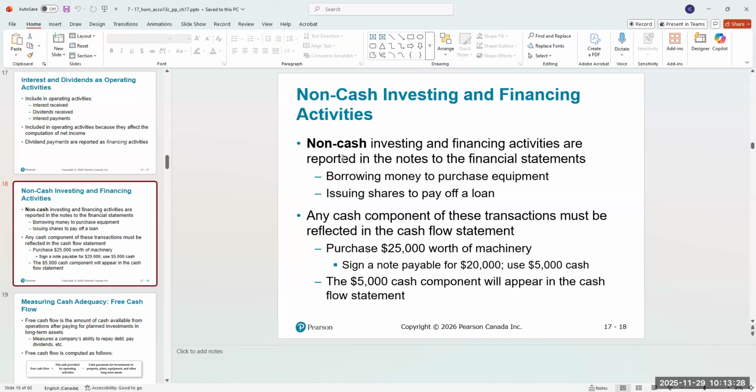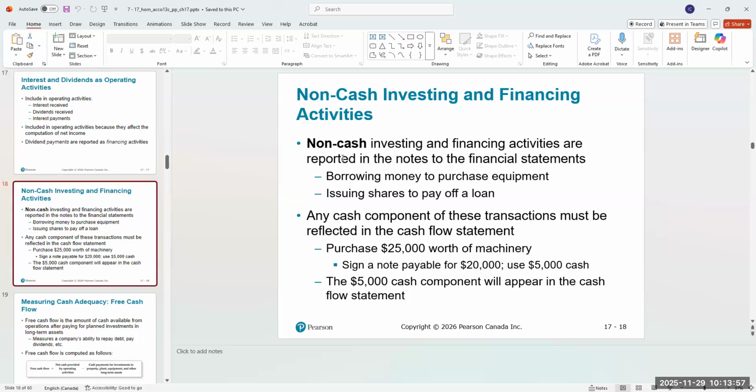If we have a transaction where I purchase a truck, and for that purchase of truck, I issue common shares, cash is not involved. For that reason, there will be nothing expressed on the cash flow statement.